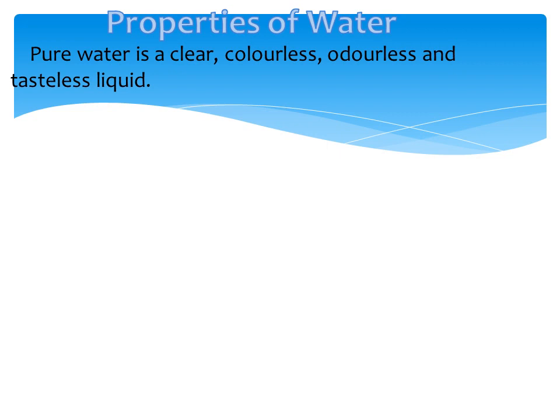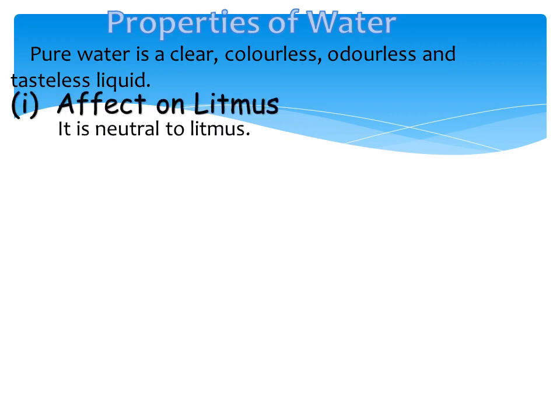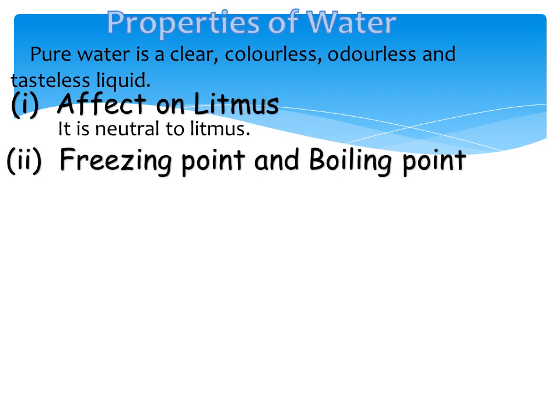When we classify water, we always think that water should be clear, colorless, odorless, and tasteless. In the litmus test, it should have a neutral effect on litmus. It neither turns blue litmus red nor red litmus blue, because it is neutral, having a pH of 7.